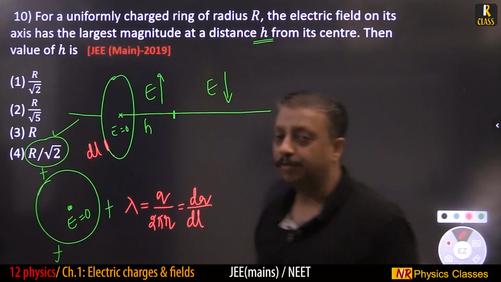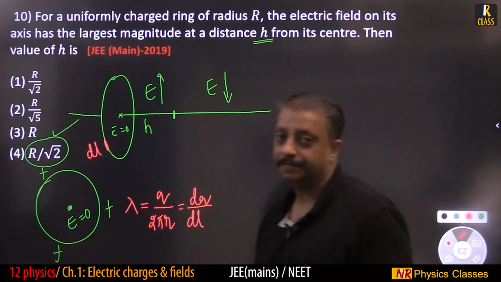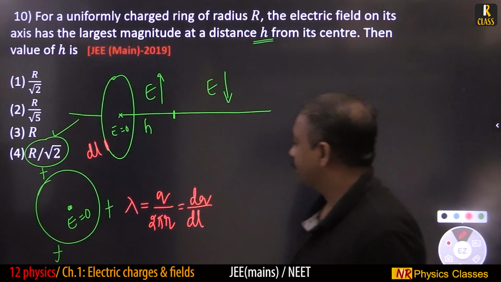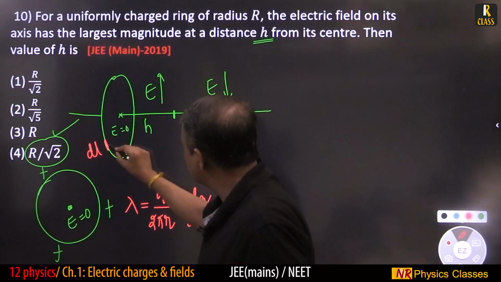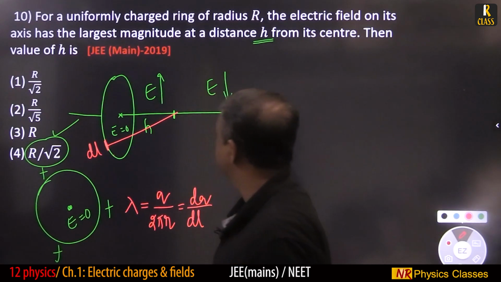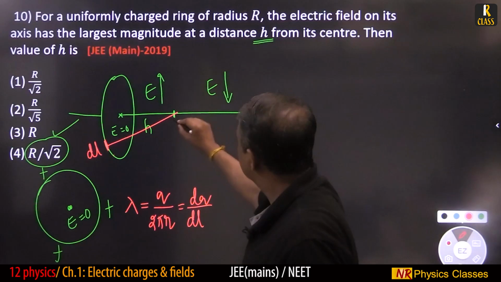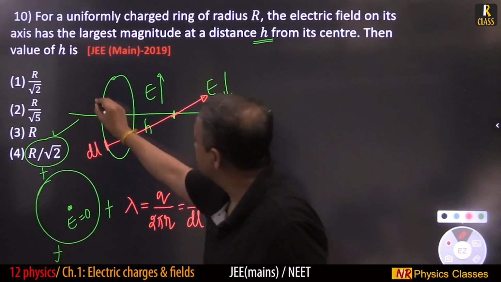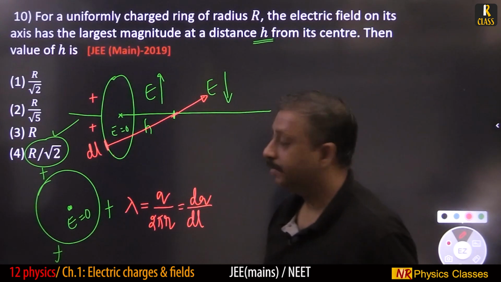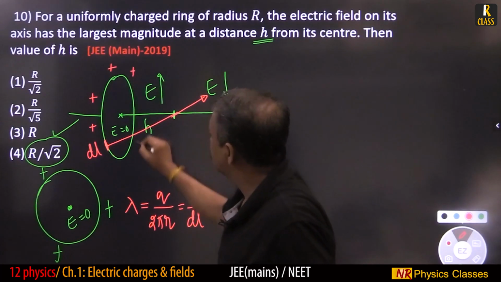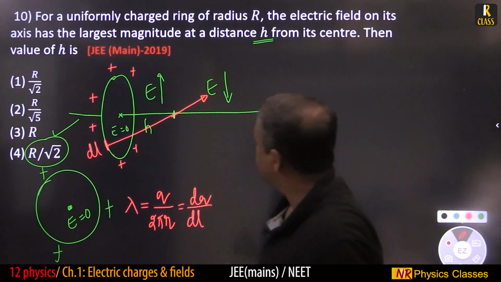This is lambda. Next, because of this charge, the electric field at this point is away if we consider this as positive. If the ring is positively charged, then the electric field is away.